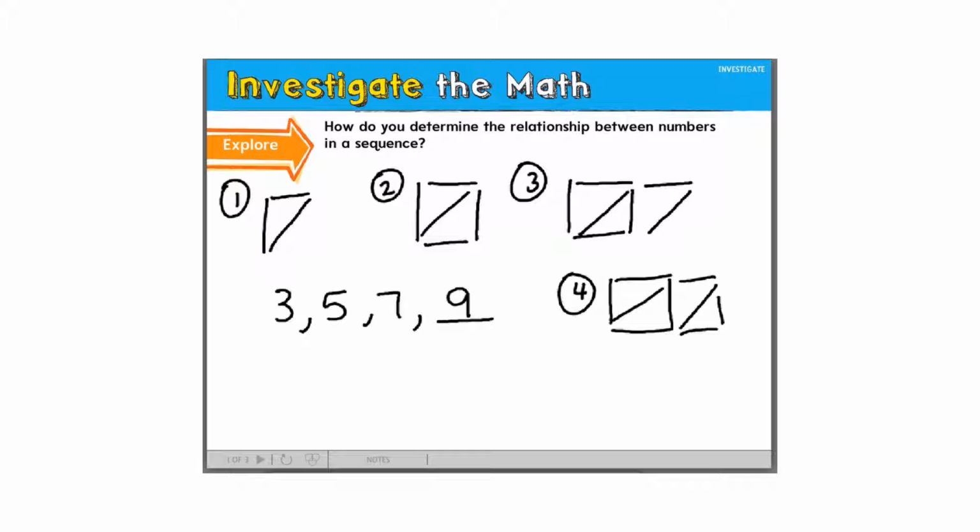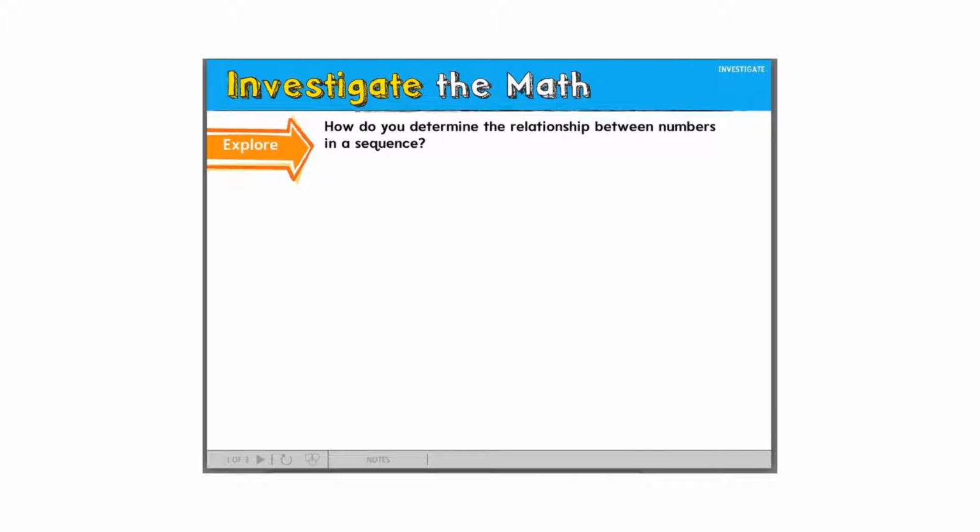And sometimes they're just going to give you a list of terms, and you have to figure out what the next term in the sequence would be. Okay, so let's look at an example of if you just have some numbers. Then I'm going to let you start on your work today, because we've done patterns before.